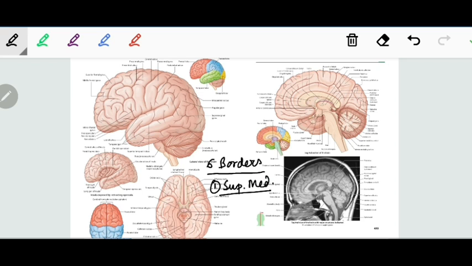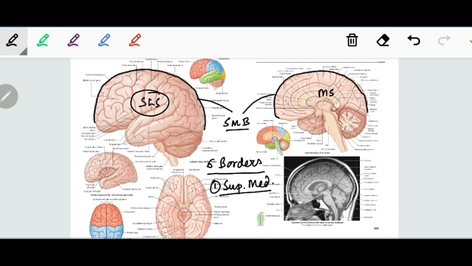This is the superolateral surface, and this is the medial surface.